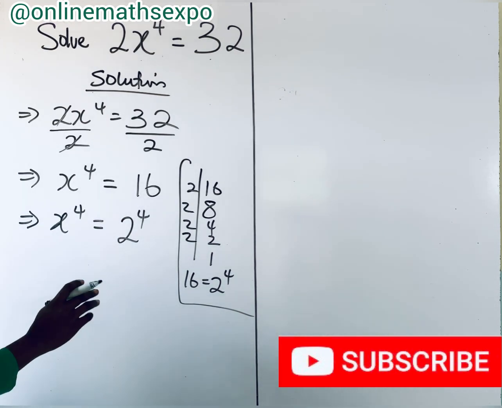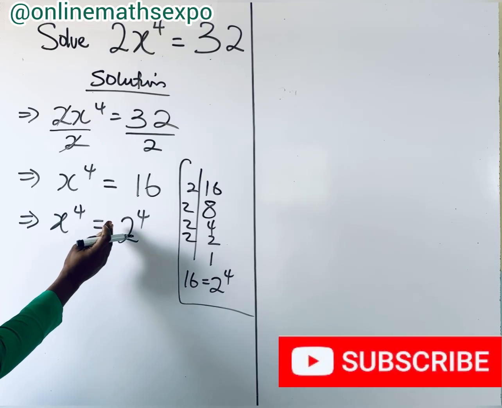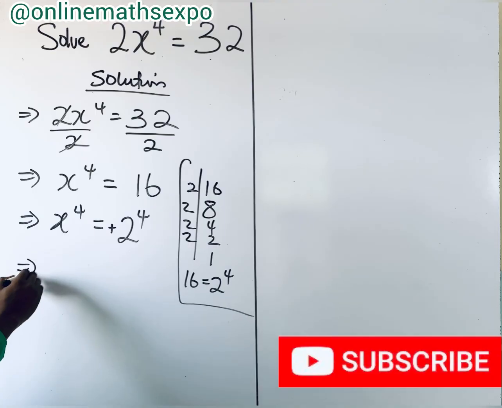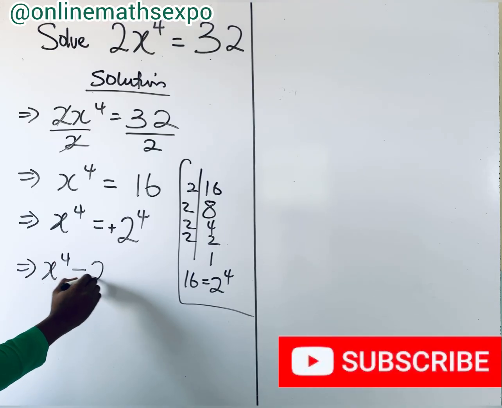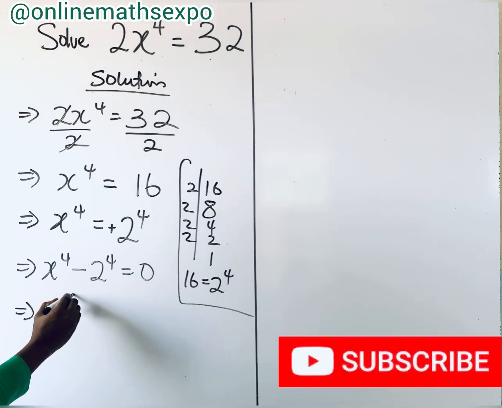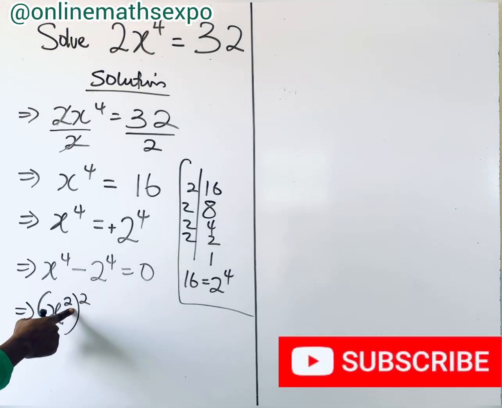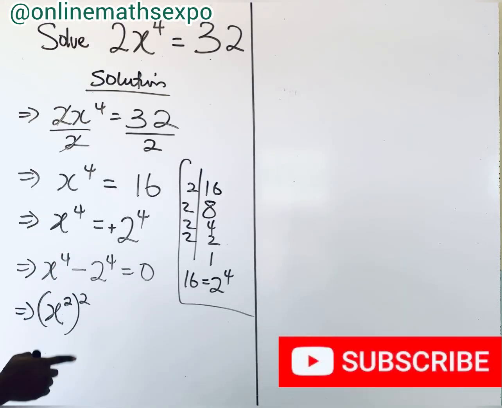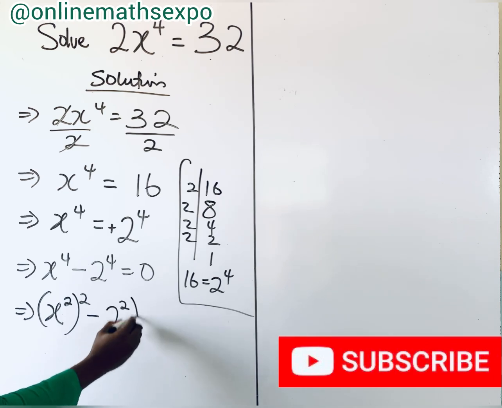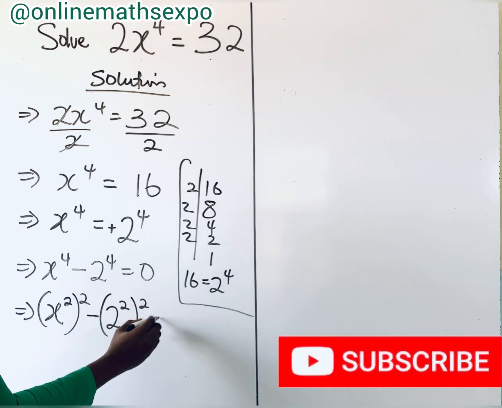Now, what do you do next? This is positive, so bring this to this side of the equation. To do that, you subtract. So we're going to have x to the power of 4 minus 2 to the power of 4 is equal to 0. Now, what do you do again? You can rewrite this as x squared, raised to the power 2, and 2 squared, raised to the power 2, is equal to 0.